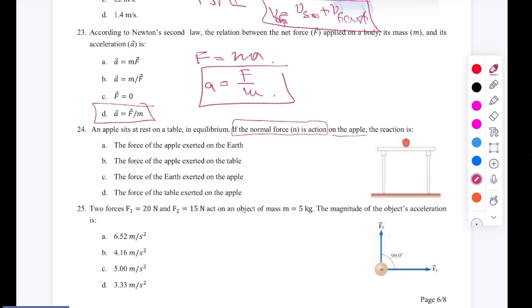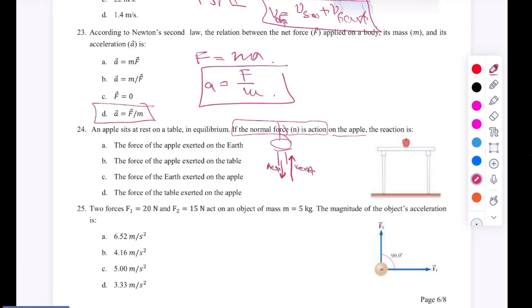So when you are standing on the ground, you push with a force and the earth will push you further up. So here is your action and here is the reaction.